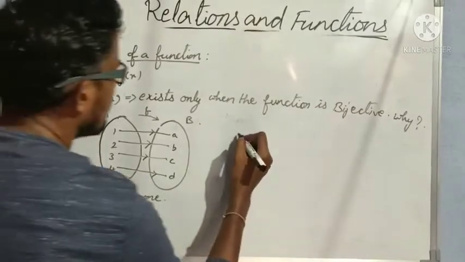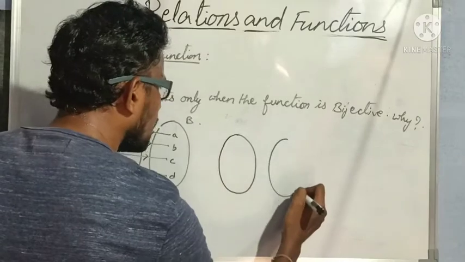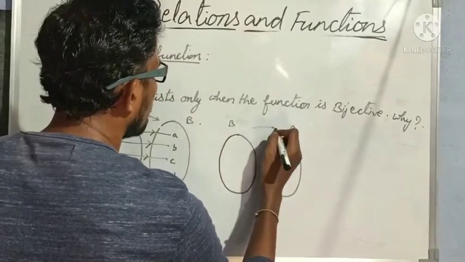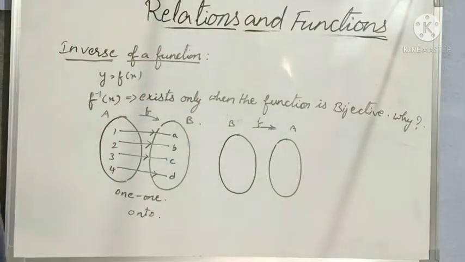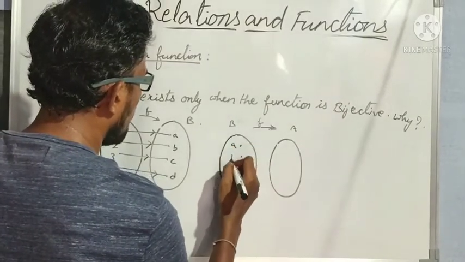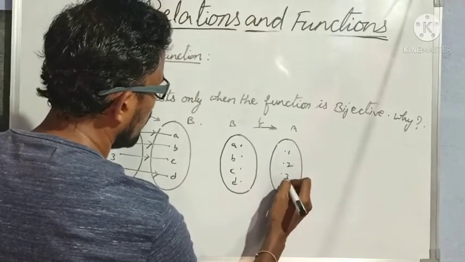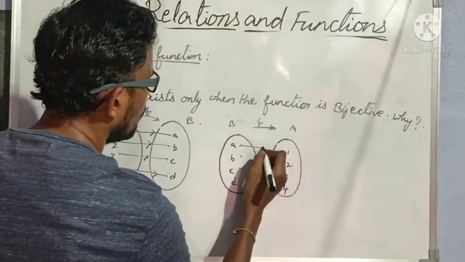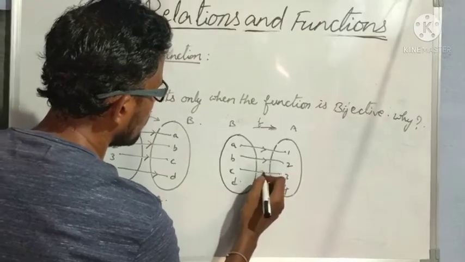So if I reverse the case, means if I define the function from B to A, whether the inverse of this function exists or not, let us see. So B to A. So this is f from B to A now. Here my B is a, b, c, d and A is 1, 2, 3, 4. Inverse means I have to represent the relations like this now.